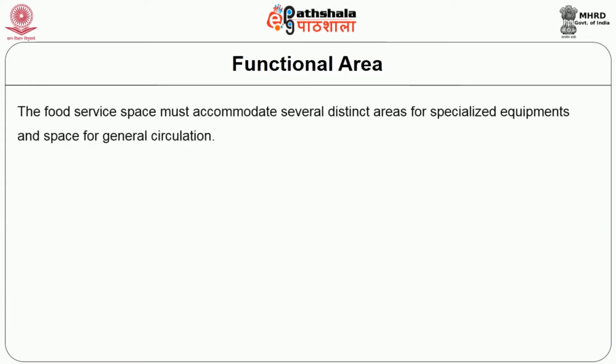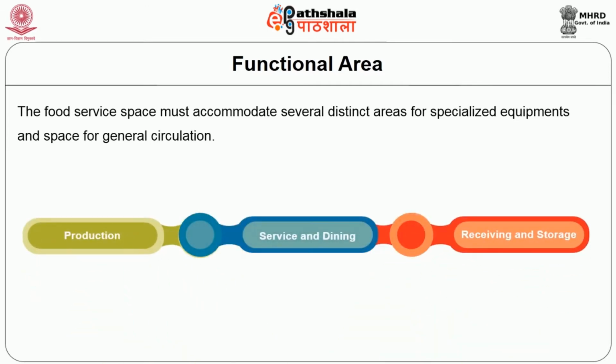The food service space must accommodate several distinct areas for specialized equipments and space for general circulation. These areas include production, service and dining, receiving and storage.